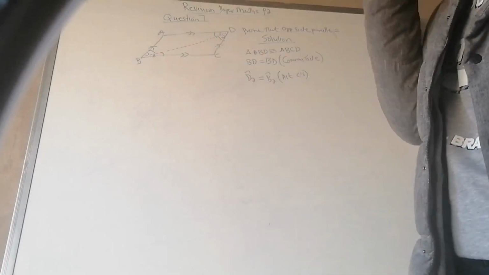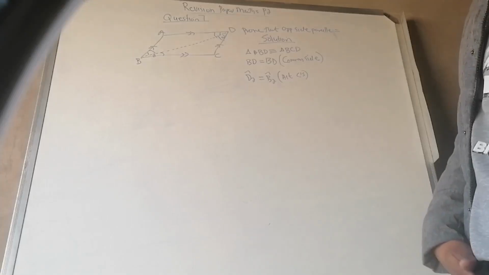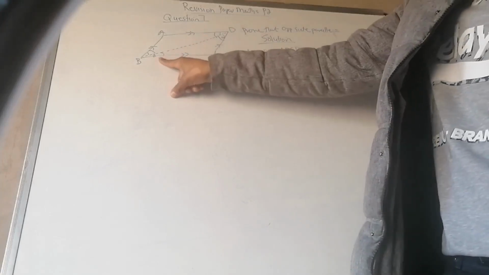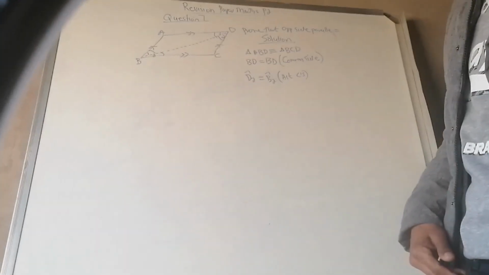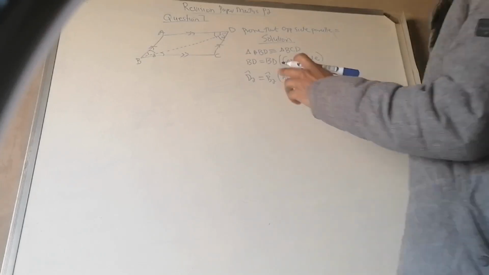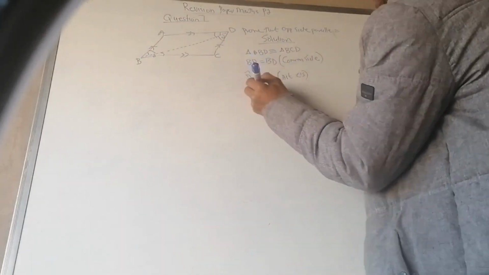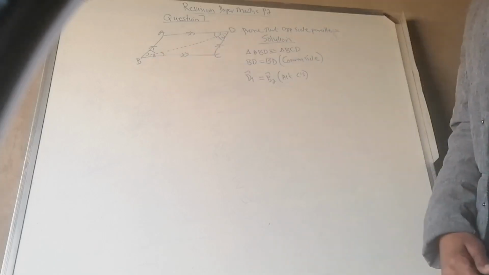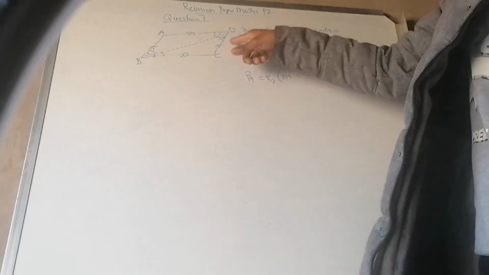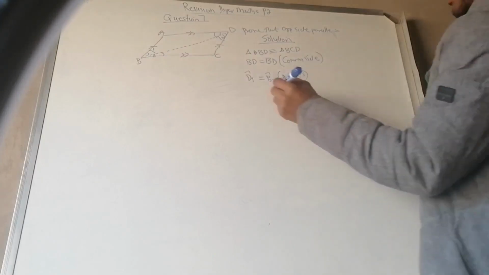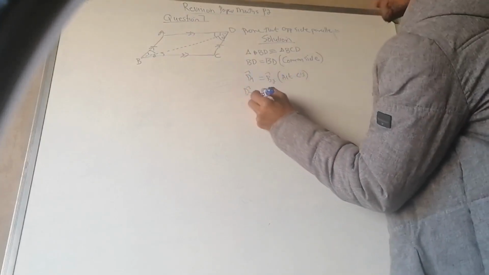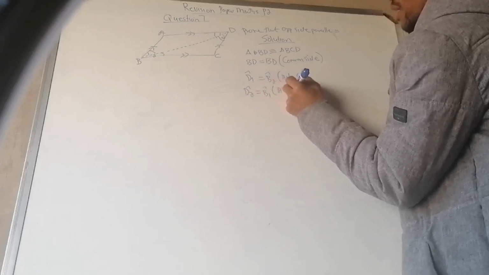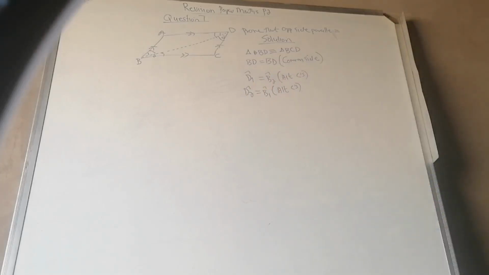What else can I say? This angle must also be equal to that angle. D1 again. D1 equals B2. And then D2 also equals B1, D2 equals B1, alternating angles.